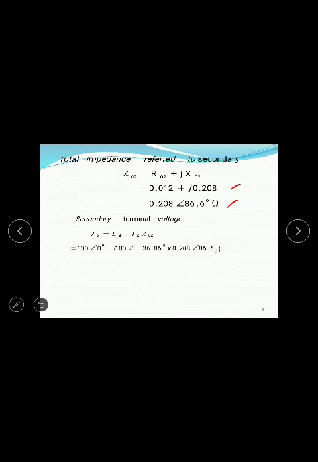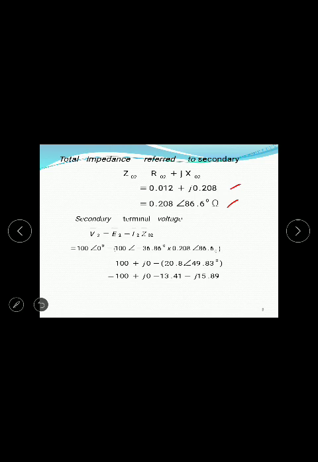Here E2 is 100 angle of 0 degrees, taken as the reference, minus I2, which is 100 angle of minus 36.86, into 0.208 angle of 86.6 degrees. So this we can calculate.